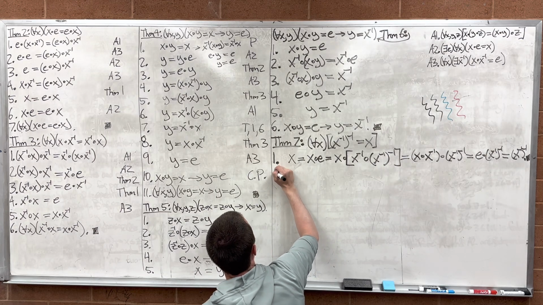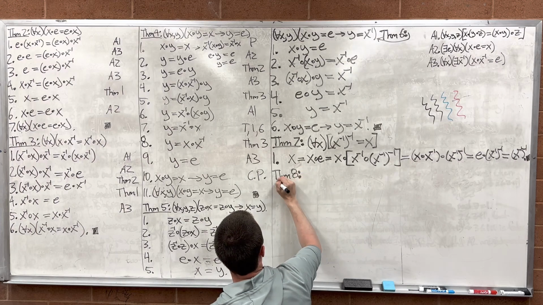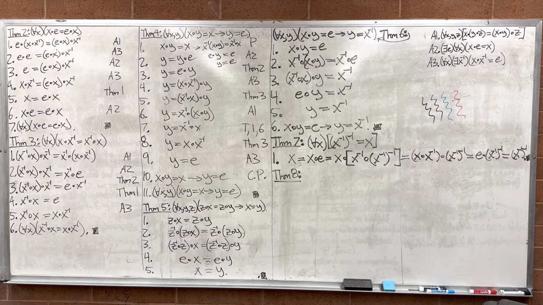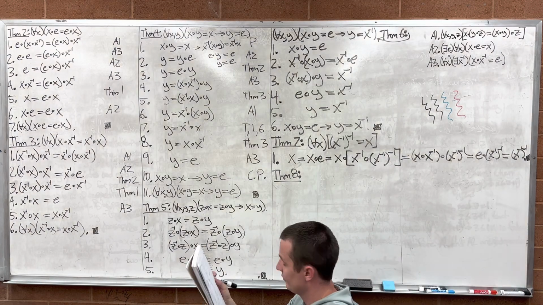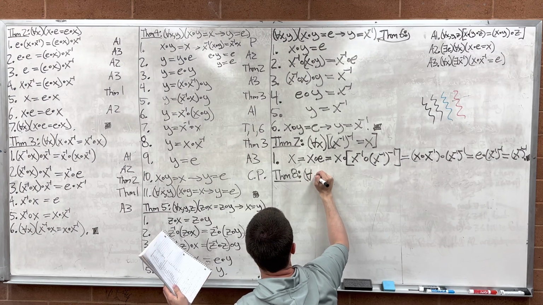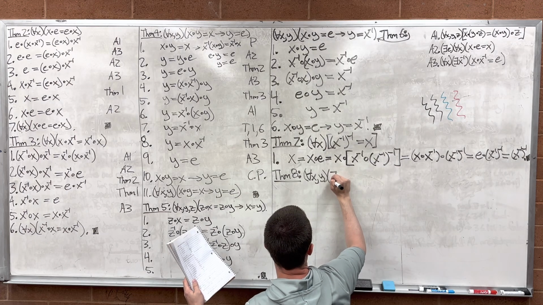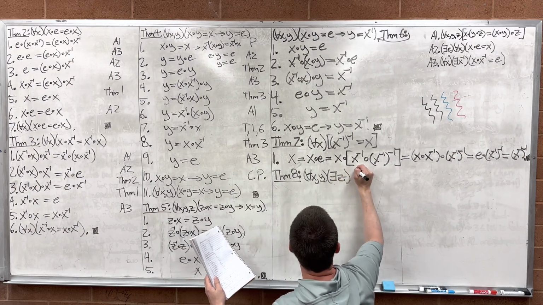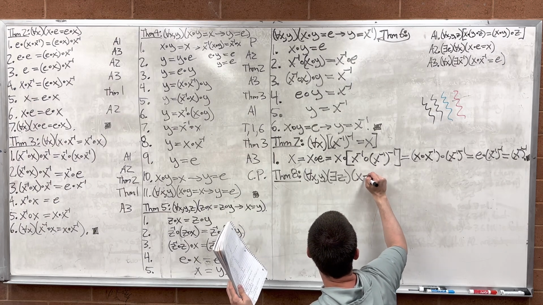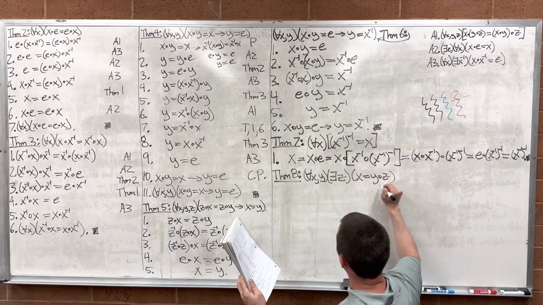Cool. Next theorem. Theorem 8. Theorem 8 is saying for all x and y, there exists some z such that x is equal to y compose z.